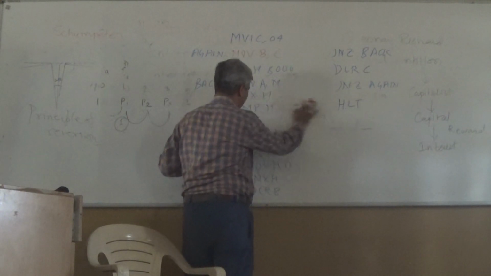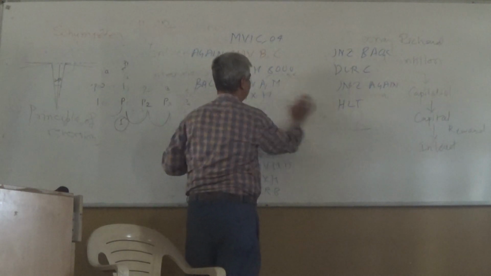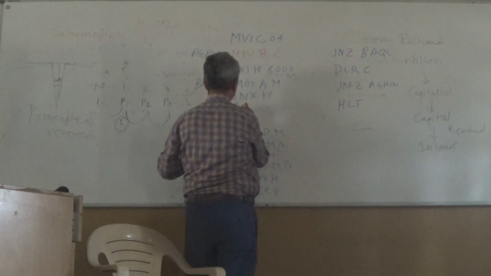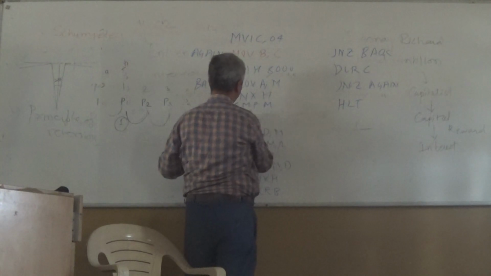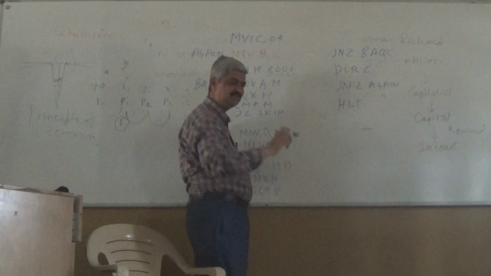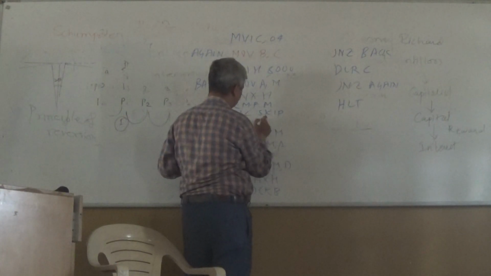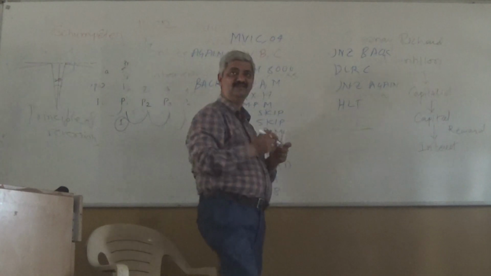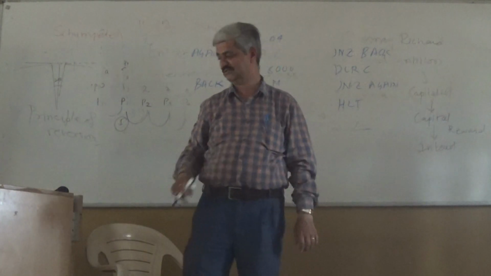Jump on carry skip. So, what we should do is compare M, jump on carry skip, but don't go for exchange otherwise. Jump on zero skip. Jump on carry skip, jump on zero skip.